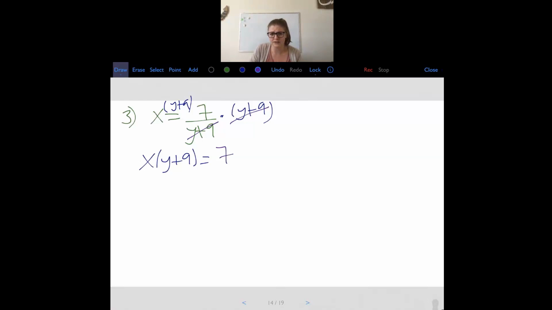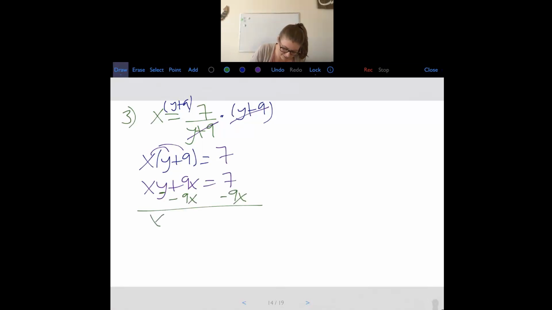And now our goal is to solve for y. So on the left-hand side, I'm going to distribute everything. So I have xy plus 9x is equal to 7. Okay, and now we solve this like we would an equation with many variables. Our goal is to solve for y, so we first need to subtract 9x from both sides. So we have xy is equal to 7 minus 9x.